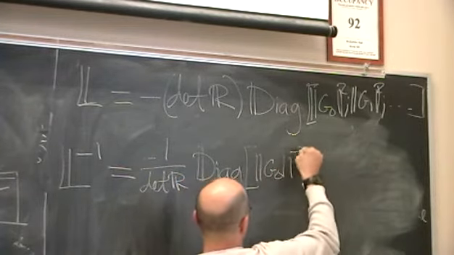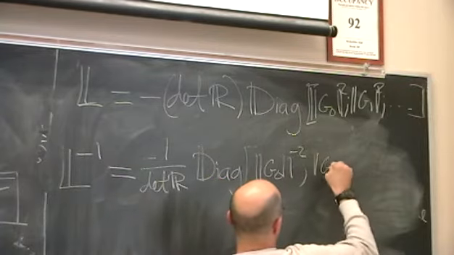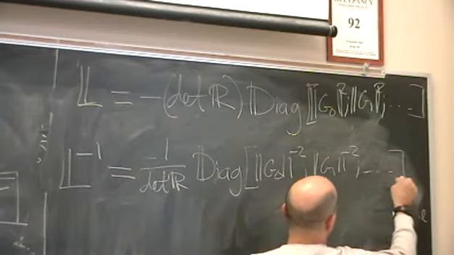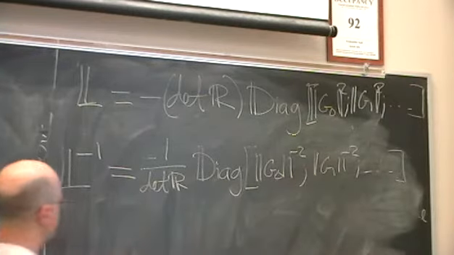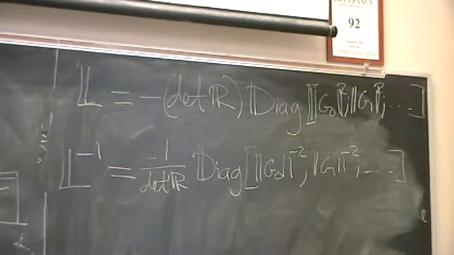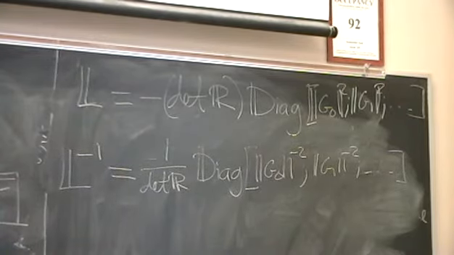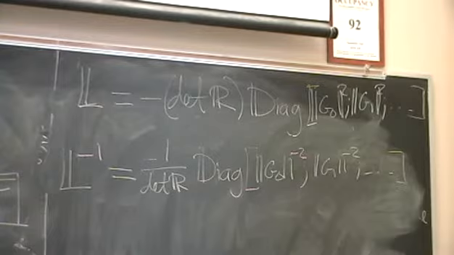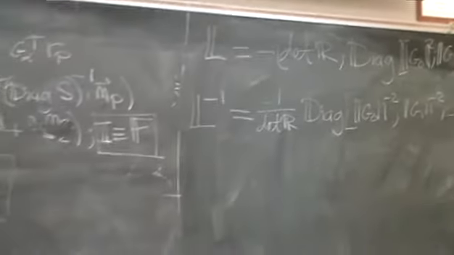G0 to the minus 2, G1 to the minus 2, and so forth. So it's very easy to invert L in this case. And that's why, as we said, we don't have to do a solver when we're using a spectral method for Poisson's equation. We can just multiply by that set of vectors. And that's one reason why spectral methods are so powerful.